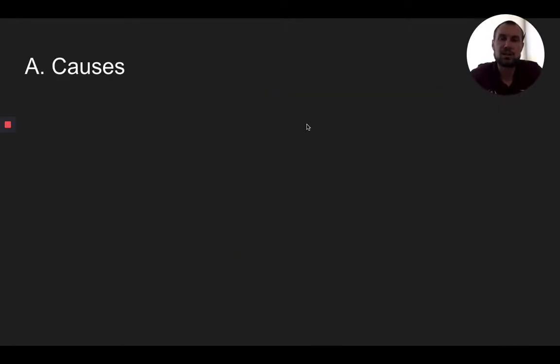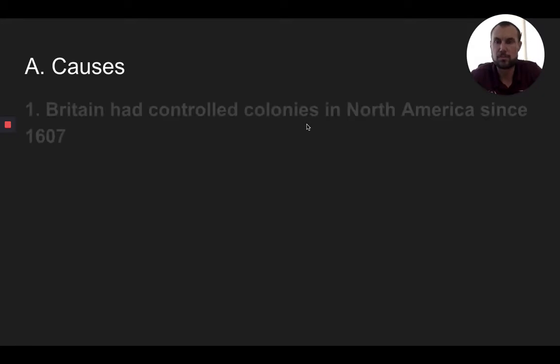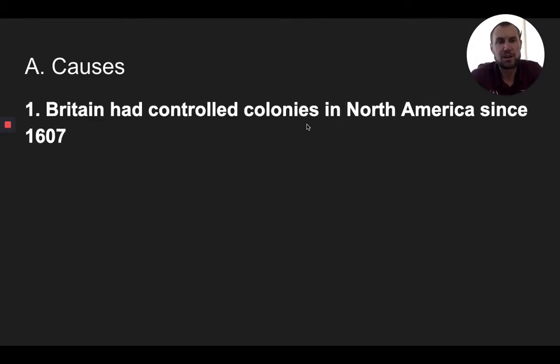Okay, and so let's look at causes of the American Revolutionary War. The first, we have to understand that Britain had controlled the American colonies for over 150 years, since 1607, and there were 13 of them, and they were all formed for various reasons.